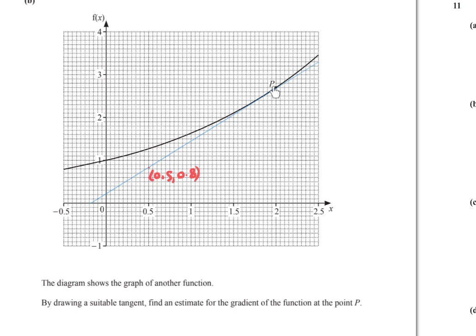Point B, which is (2, 2.7). Now find the gradient. m equals y minus y, so 2.7 minus 0.8 over x minus x, 2 minus 0.5, equals 1.3 to 1 decimal place.